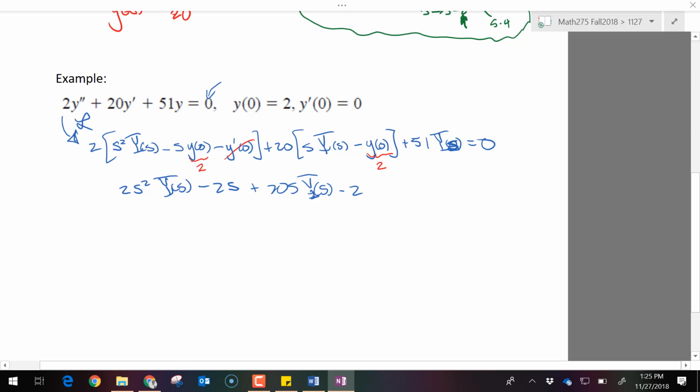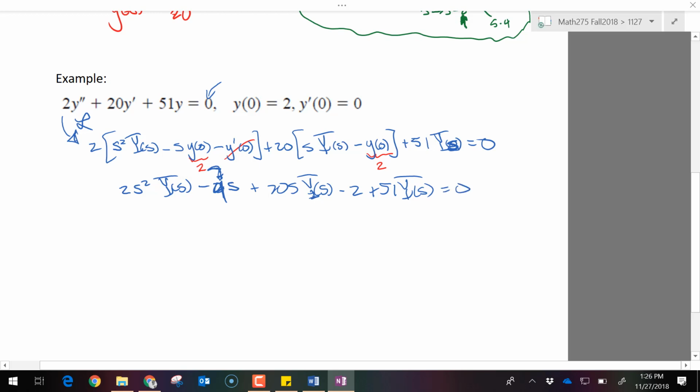Y of 0 became 2, and that became a 2s here. Should be 4. Thanks.